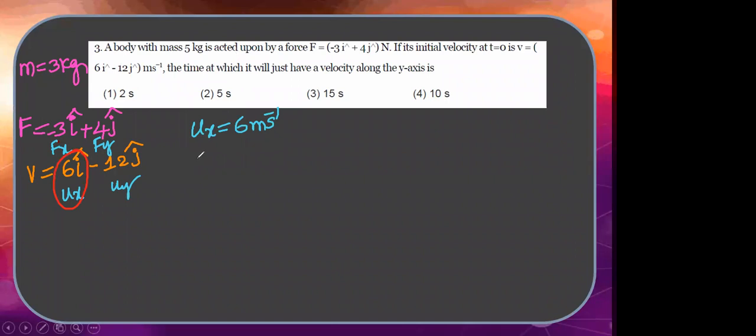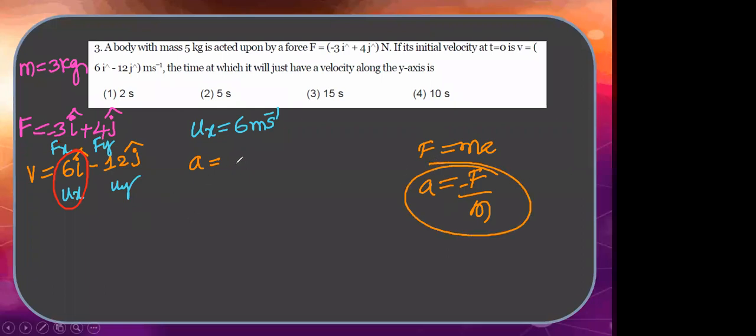Then the acceleration: F is equal to ma, so a is equal to F divided by m. If the velocity is decreasing, the acceleration is called a negative acceleration, a retardation, so a is equal to minus F divided by m.